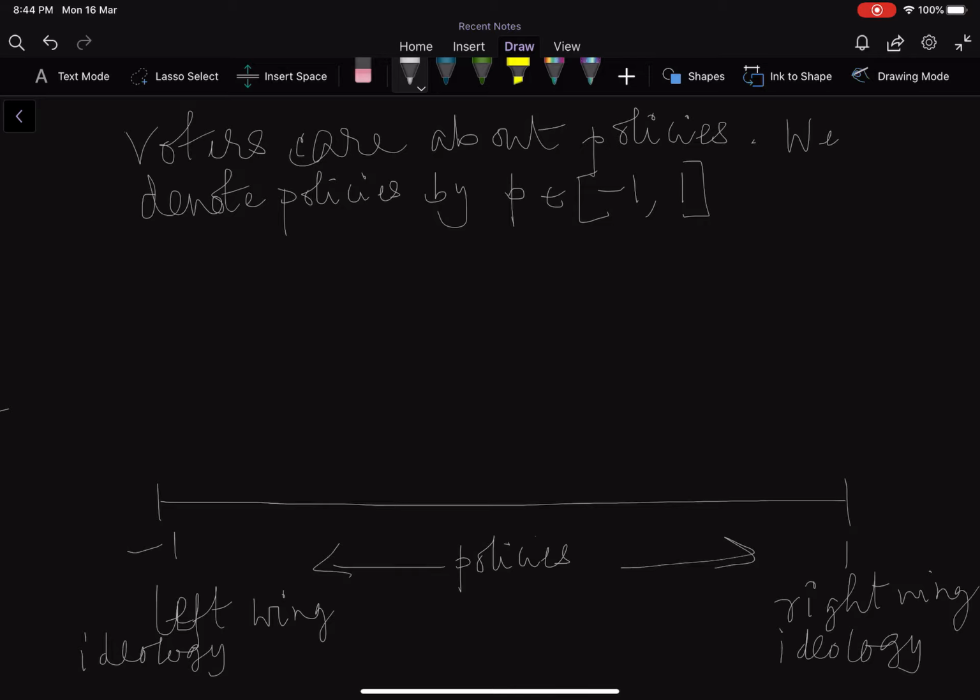So if you sort of stack the voters from left to right, you get a distribution of voters. So let's say there are lots and lots of voters, okay. So say the number of voters is very large, and so then if you find out their favorite policies, you will get a distribution of their favorite policies distributed over this interval -1 and 1. So let me sort of draw an arbitrary distribution. So let's say this is the distribution, okay, between -1 and 1.